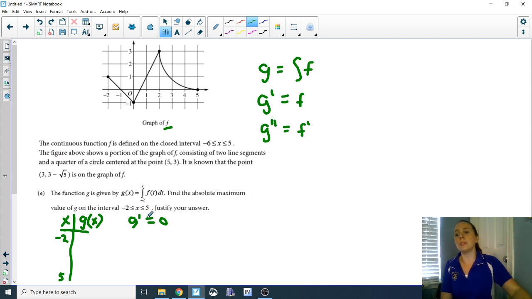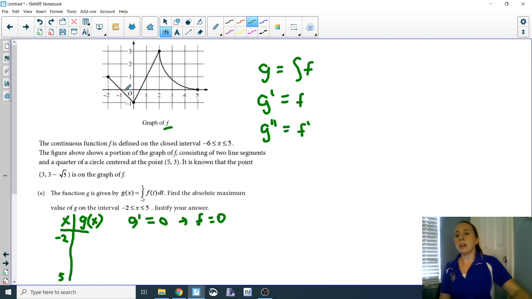For this part, I'm looking for where g prime is equal to 0. Well, that's actually where, on my graph, f is equal to 0. The other critical points could come from where g prime does not exist, and that would be where f does not exist. But notice that there are no discontinuities, no holes or asymptotes where f does not exist, so we don't need to worry about that.